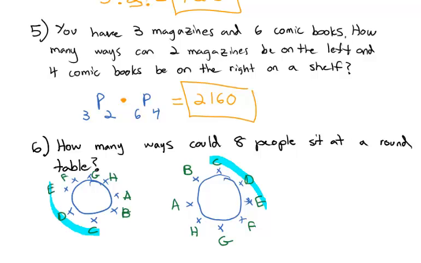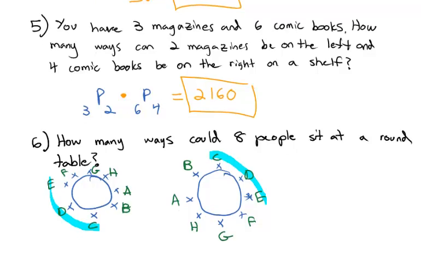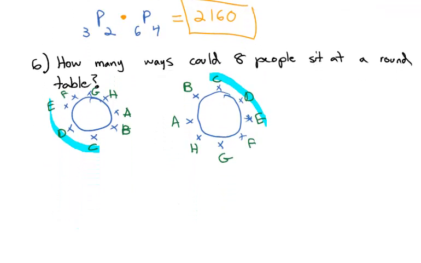What this means is the first person to sit down doesn't really matter. The first person to sit down only determines the orientation of the table. What matters is the second person to sit down, because now you've got some type of ordering happen. That's when the ordering begins. So, of the 8 people, after the first person sits down, there are 7 to choose from.